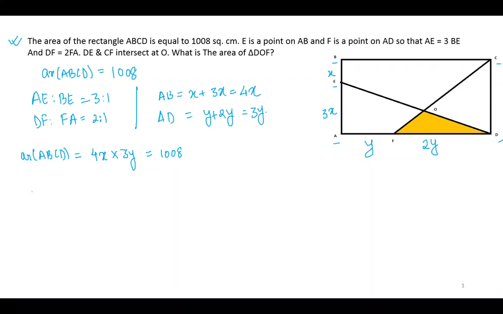Solving this equation, 12xy is equal to 1008, and therefore xy is equal to 1008 divided by 12. If you divide it properly, you should get 84.